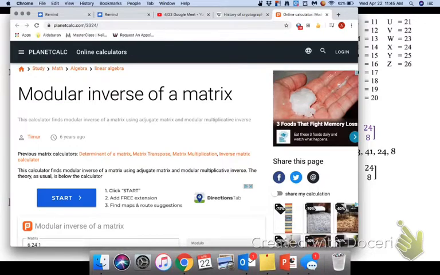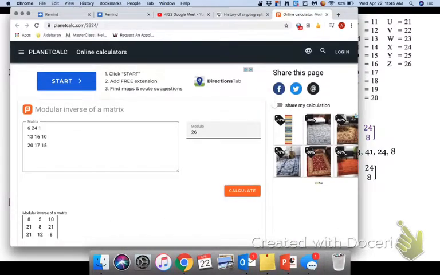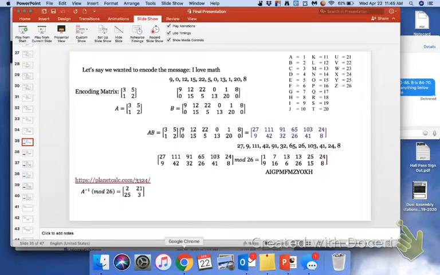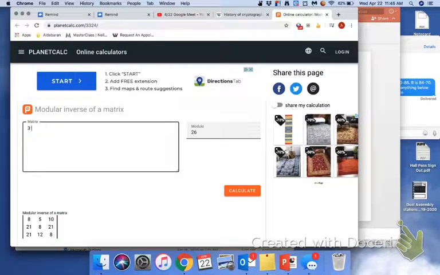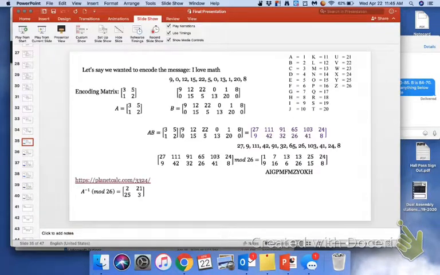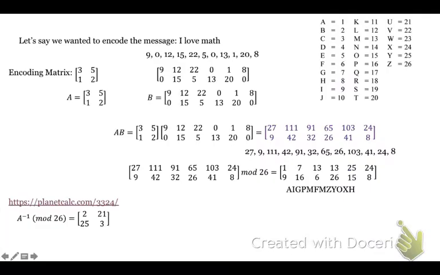So here's the calculator, and I could just put in 3, 5, 1, 2, modulus 26, and it calculates it for me. This is the part where I don't know what I'm doing, but this nifty calculator did it for me and it worked. If anyone gets that, or wants to try and get it, that's very interesting.